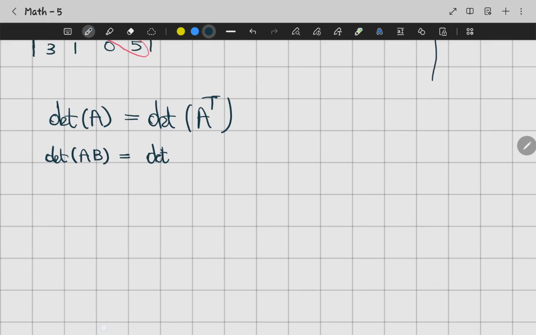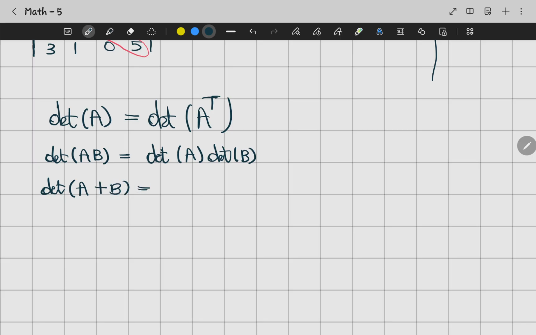Now here are some other properties that you should know. The determinant of AB is the same as the determinant of A times the determinant of B. Let's see. Now just pay attention to this other form.